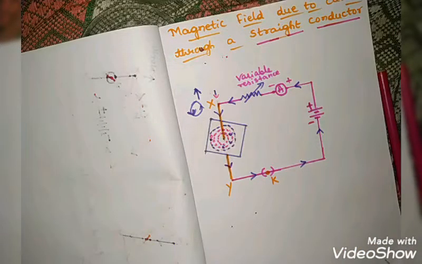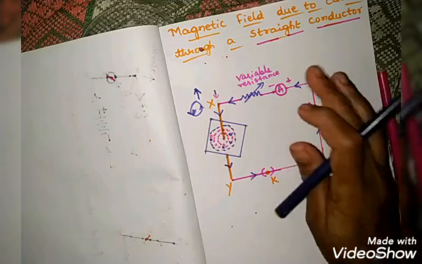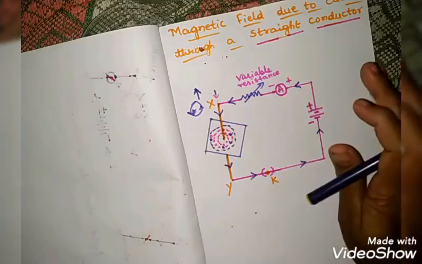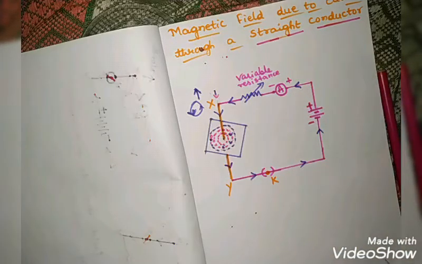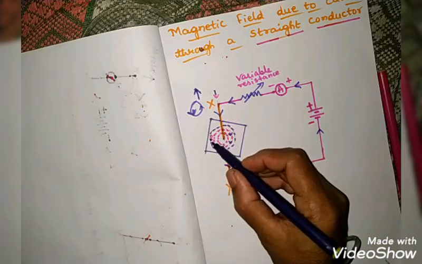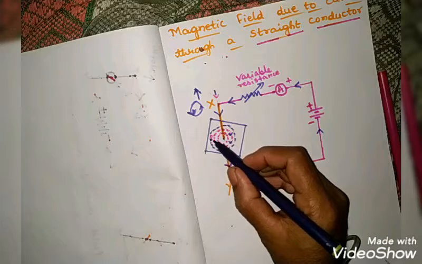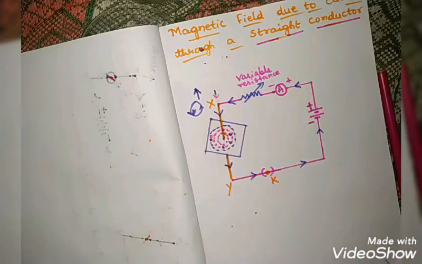And if the current is increased, children, by varying the resistance, the deflection in the magnetic compass also increases.